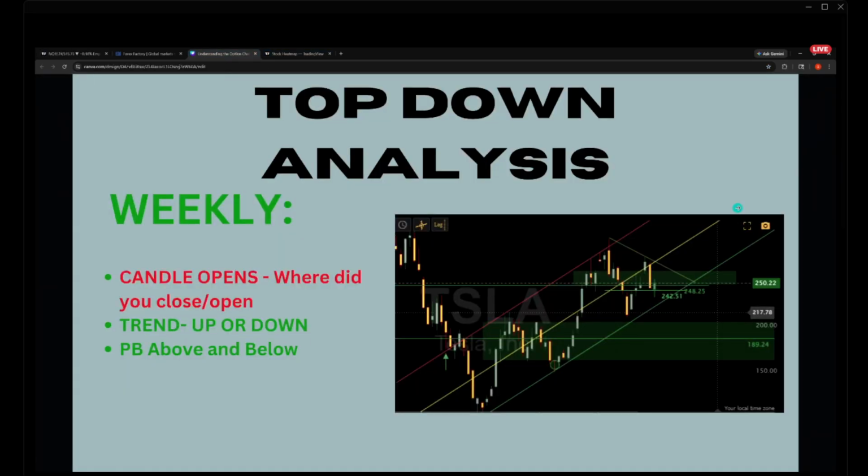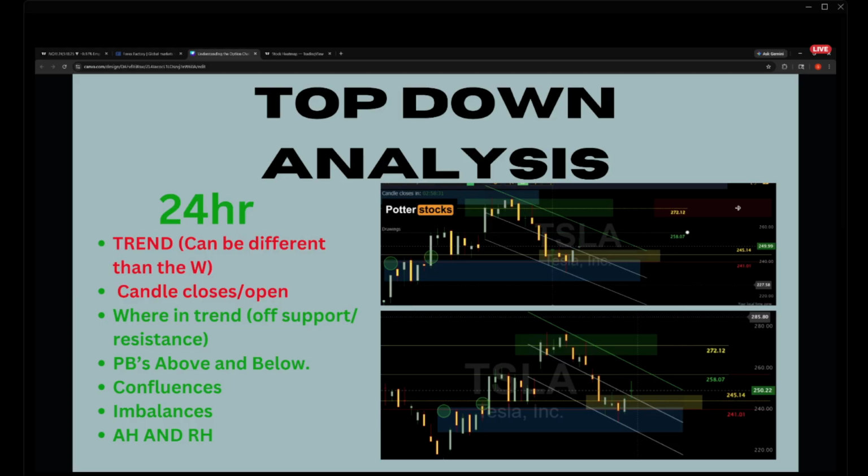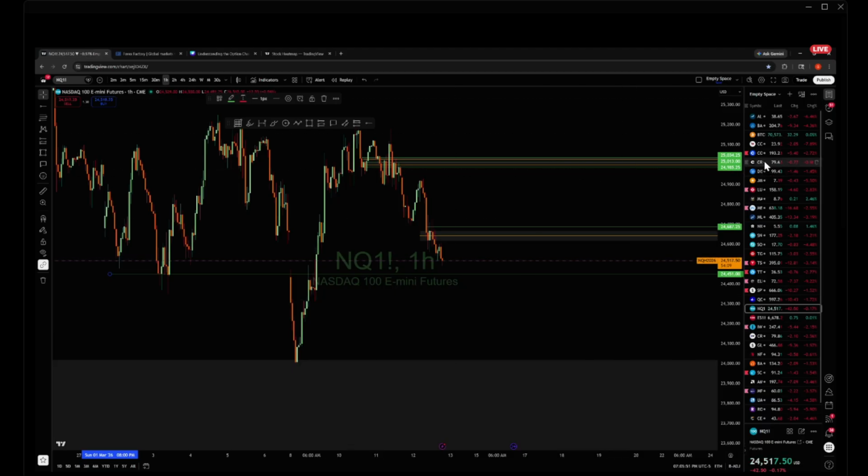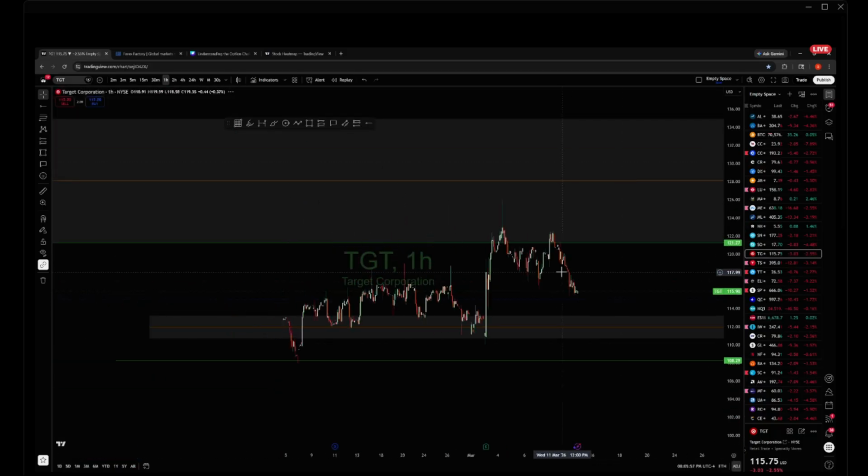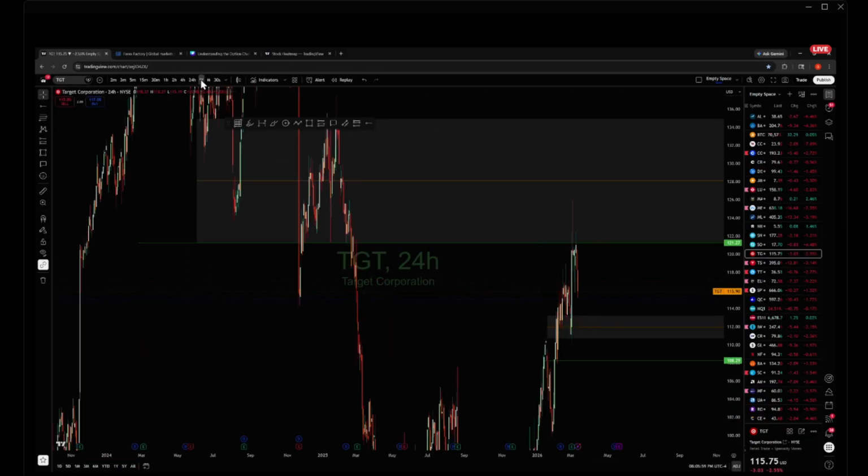So now with the 24-hour, things are going to get a little different. Trend can be different than the weekly. So inside of a weekly uptrend, we could potentially have a 24-hour downtrend and vice versa, right?